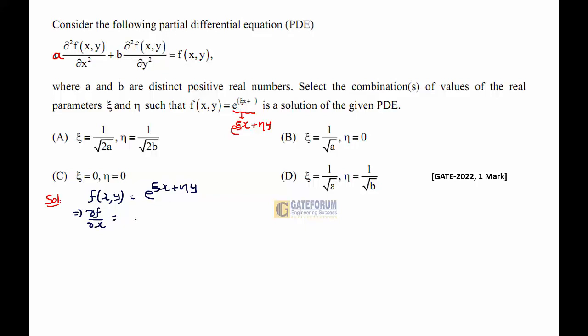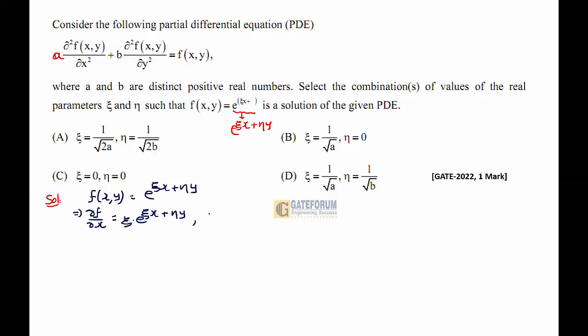So e power x plus y, the derivative is e power x plus y only. Partial derivative I'm talking about. So e power xi x plus eta y, with respect to x means eta y is constant, derivative 0. The derivative of xi x with respect to x is xi, so it has to pre-multiply. That means xi into e power xi x plus eta y is the value of dou f by dou x.